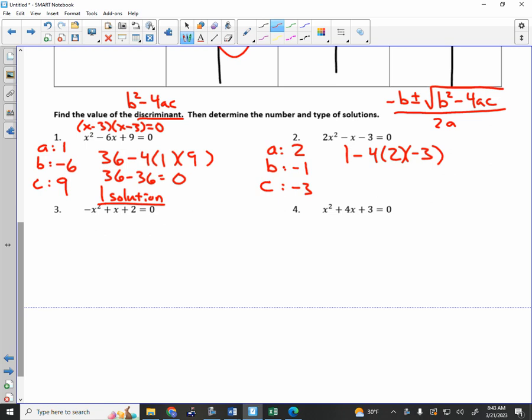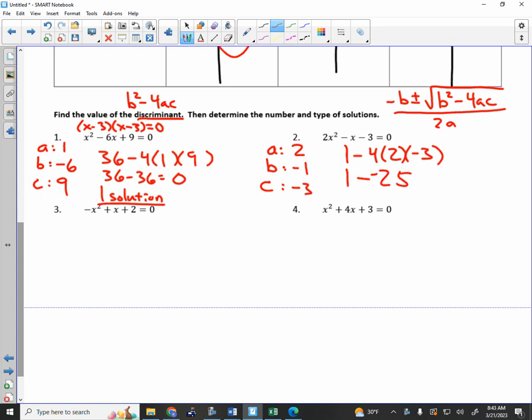Okay, here we go. How many negatives do I have? I've got this one right here, then I got a subtraction sign. So what's going to happen? It's going to turn to positive. I'll write it out. You can see it's 1 minus 4 times 2 is 8 times -3 is -25.